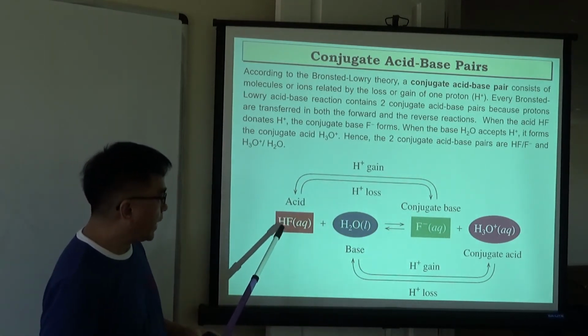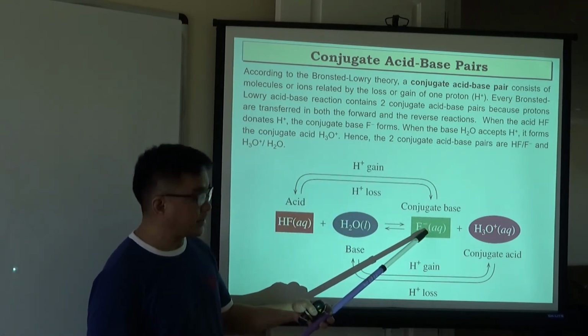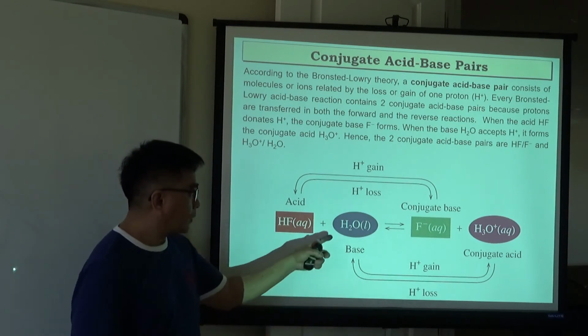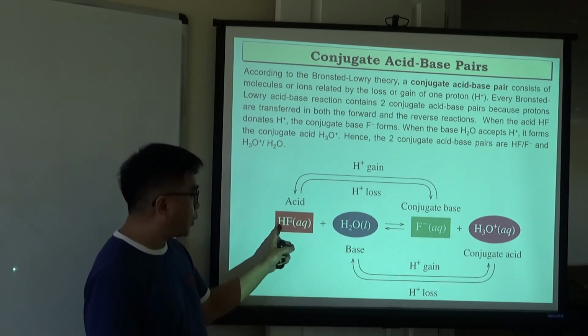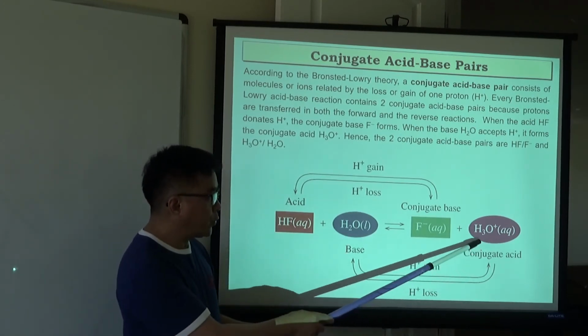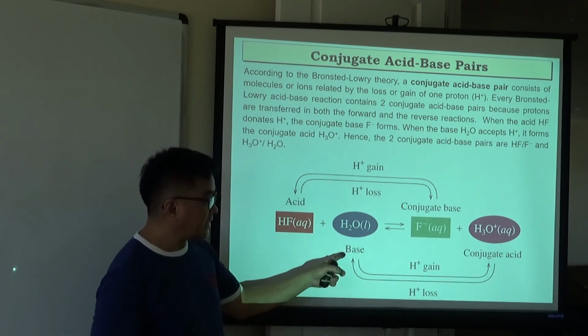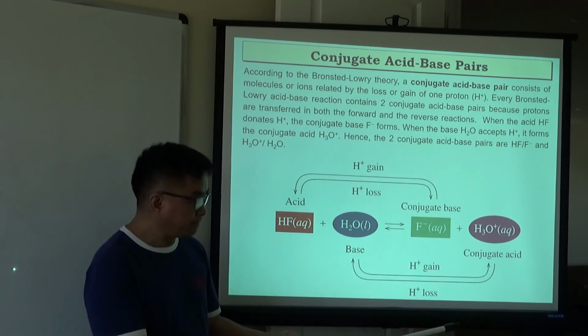So an acid, when it donates a proton to the solution, becomes its conjugate base. And water in this case acts as a Bronsted-Lowry base because it accepts a proton from hydrofluoric acid to form hydronium ions. So when a base gains a proton, it becomes the conjugate acid.